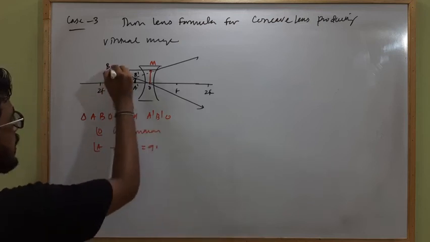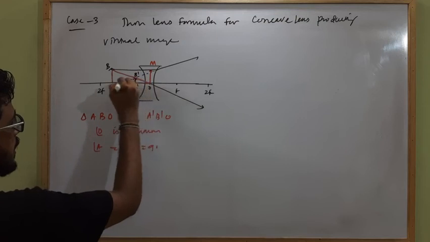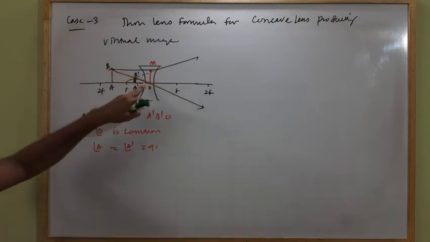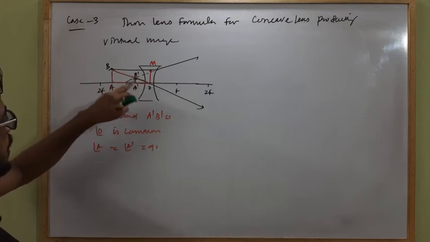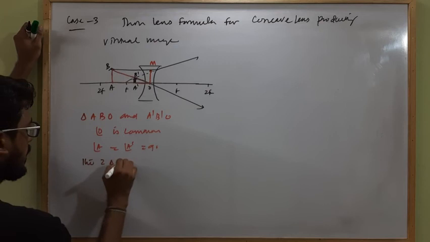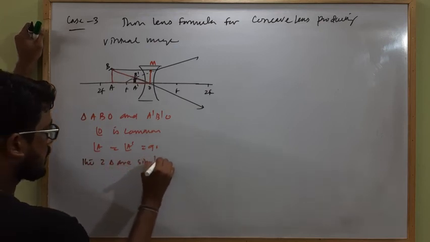So ABO this triangle and A dash B dash O this small triangle, O is common angle, A and A dash both have 90 degrees. So the two triangles are similar.